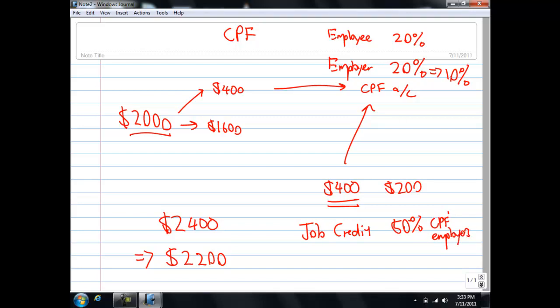What this does is that after paying 400 into your CPF account, the job credit scheme allows the firm to claim back 200, or half of that 400, from the government. So from the firm's perspective, his cost of hiring you is now also 2,200, but you benefit by having the same CPF amount every month into your CPF account.